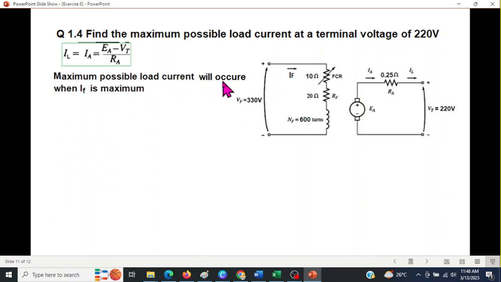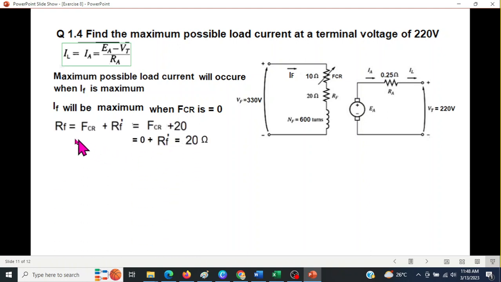Maximum possible load current will occur when IF is maximum, and IF will be maximum when FCR is 0. So in this formula, FCR is 0, that means RF is equal to 20 ohm. We will use this to calculate IF. And putting in the formula, the IF will be 16.5 ampere.